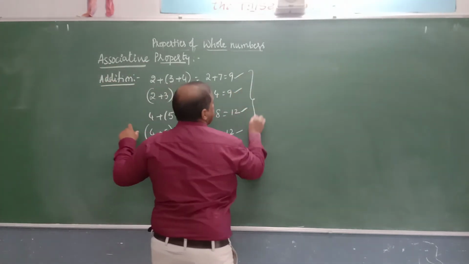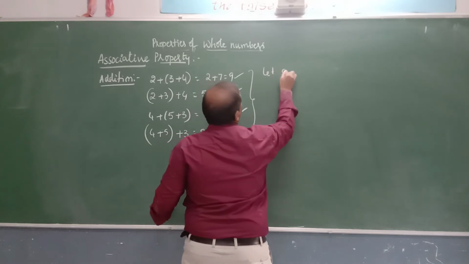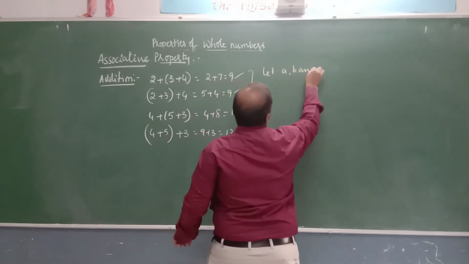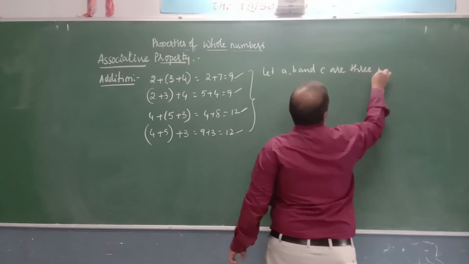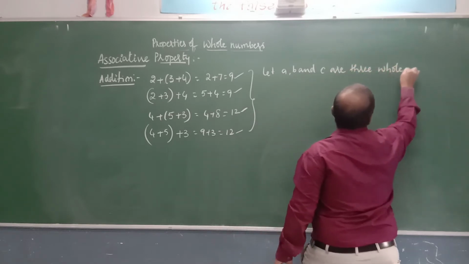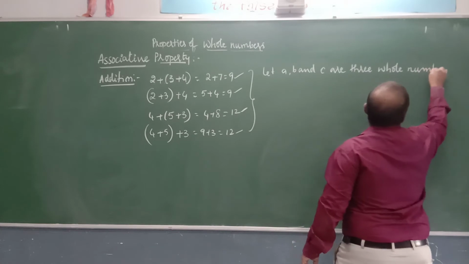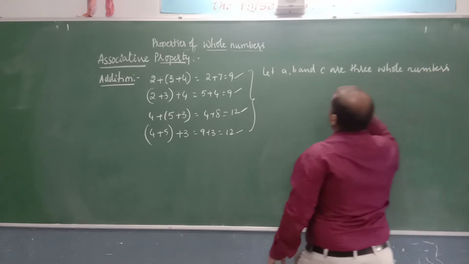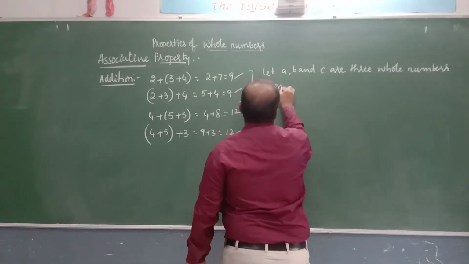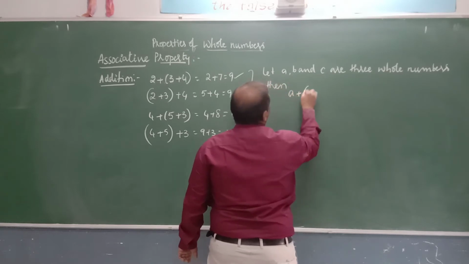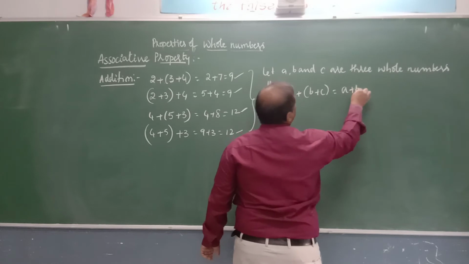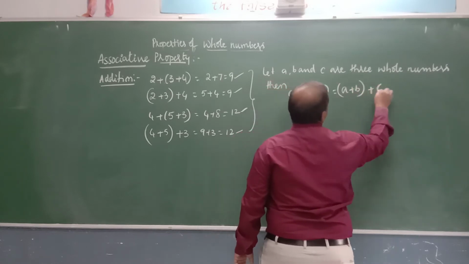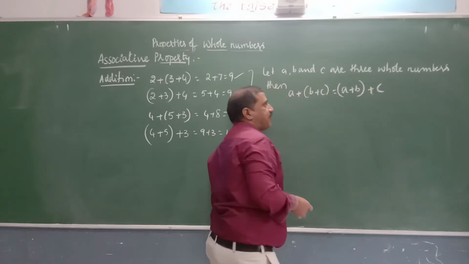It's a statement. Let a, b and c be three whole numbers. Then a plus (b plus c) is equal to (a plus b) plus c.